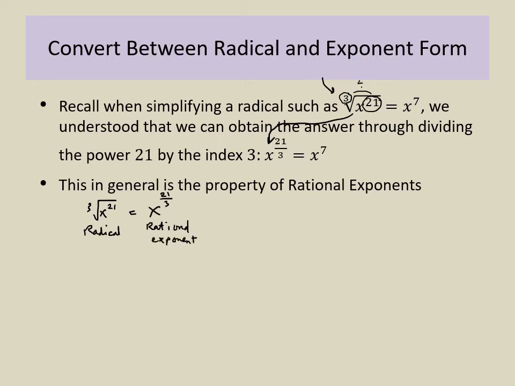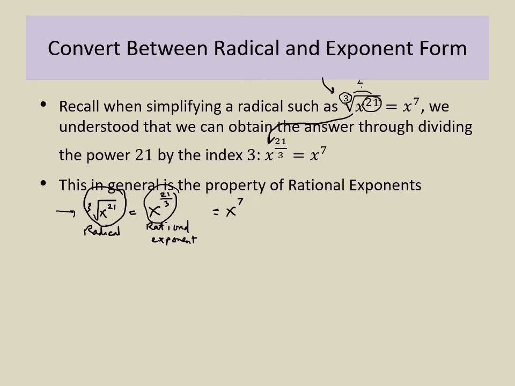So a rational exponent, or a fraction in the exponent, is just another way of writing any radical expression or any root. So any root can be written as an exponent instead, and obviously this can be simplified to x to the power of 7, but going from here to here, this is a very important property.